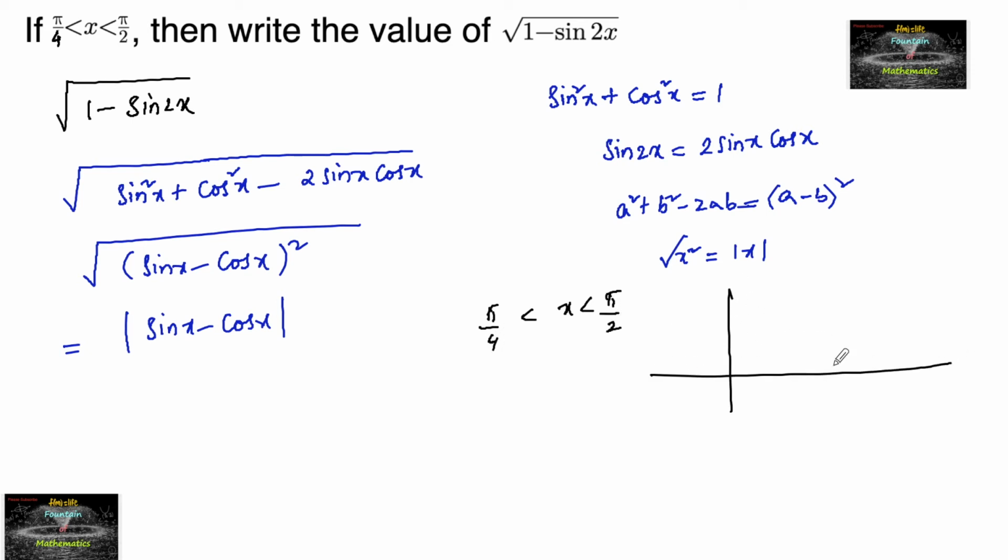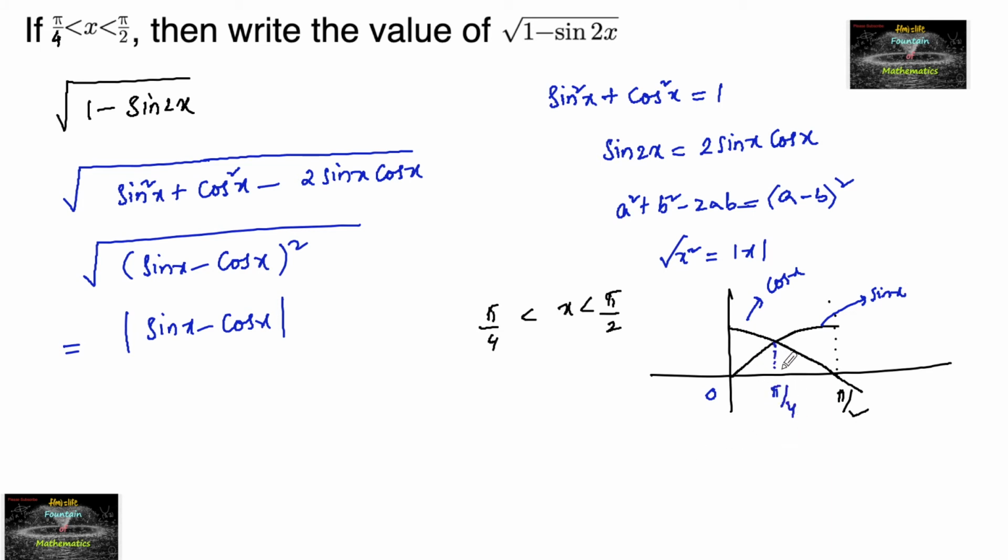Let me consider pi by 2. So this is a cos graph, cos x from 0 to pi by 2, and this is the sin x graph, and this is pi by 4 where they intersect.